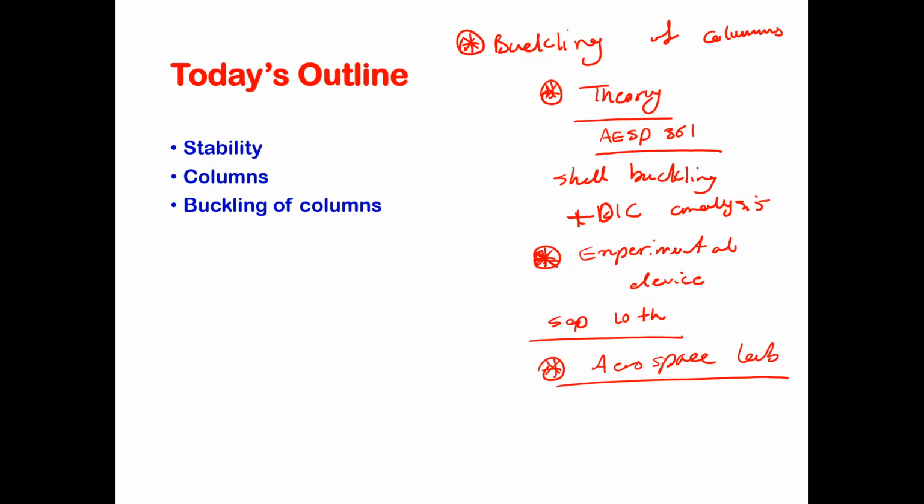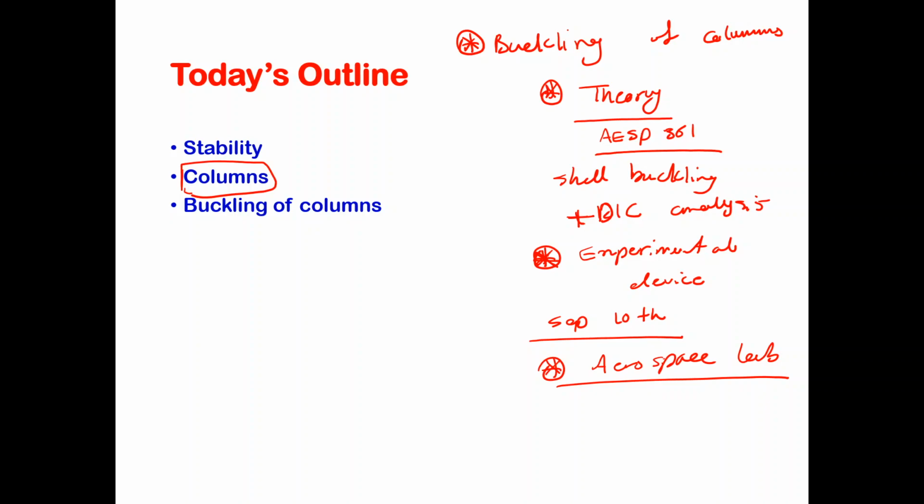So let's start the first lecture. In the first lecture, we are going to talk about the stability and the importance of stability in mechanical design, in design in general. We will also talk about columns. What do we mean when we say columns? What do these columns refer to essentially?